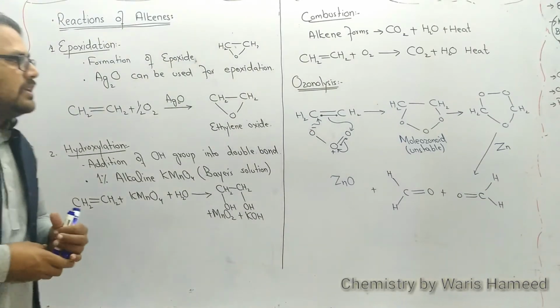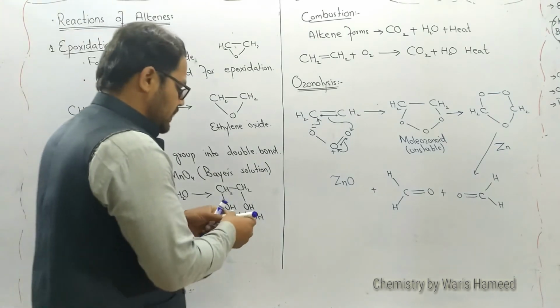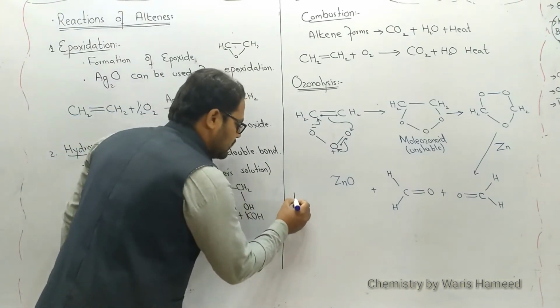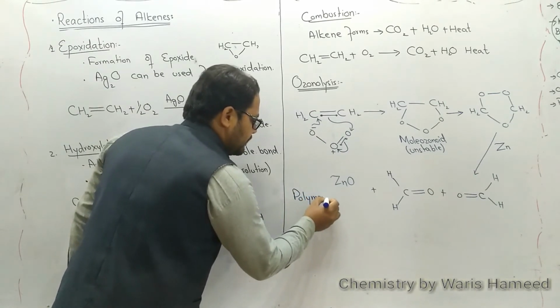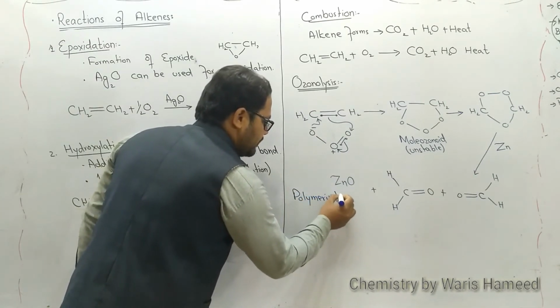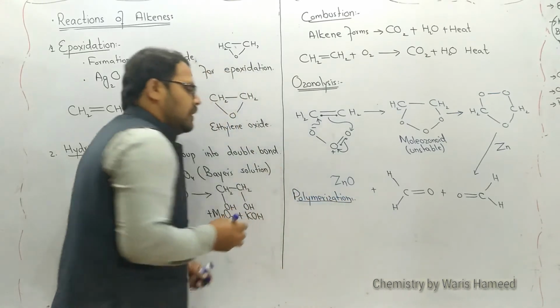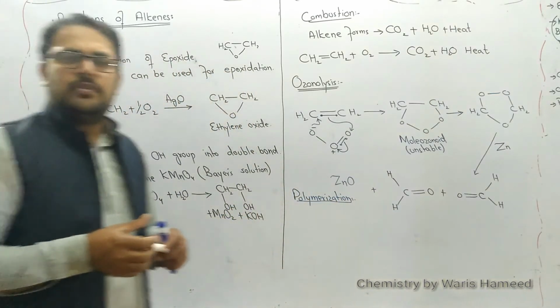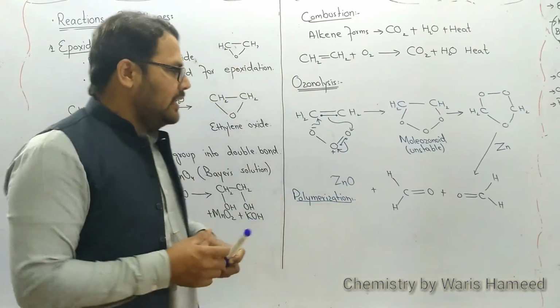Next reaction is the polymerization reaction. Alkene forms polymer, and that's polyethylene.